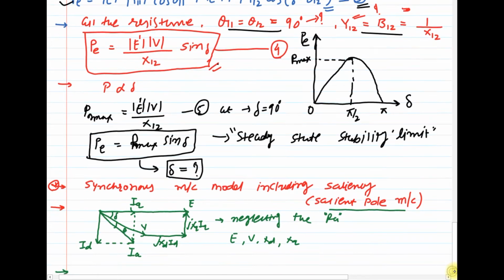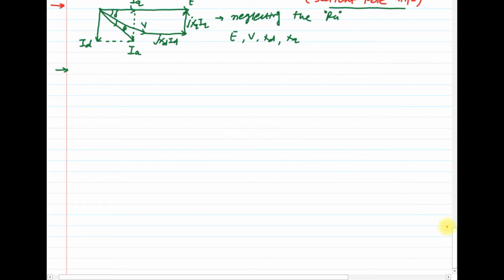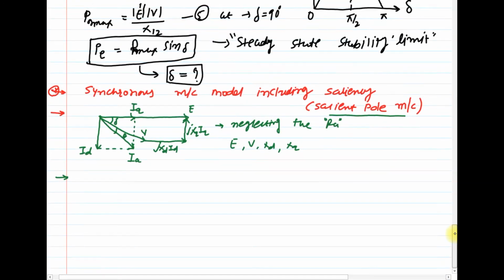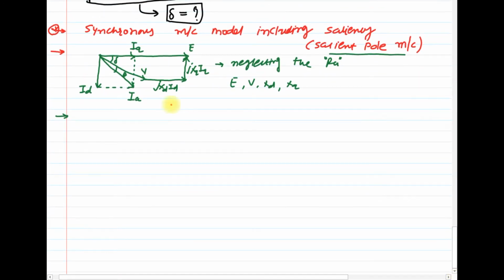For the salient pole machine it is different, and I hope you have studied it well in the machine modeling chapter. So I will write directly the power generated by the salient pole machine under steady state condition.